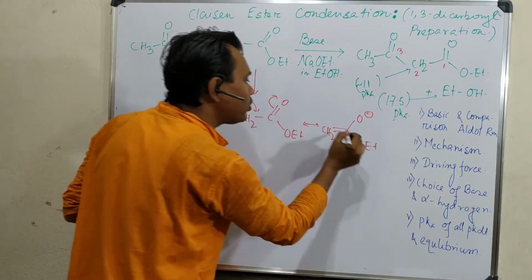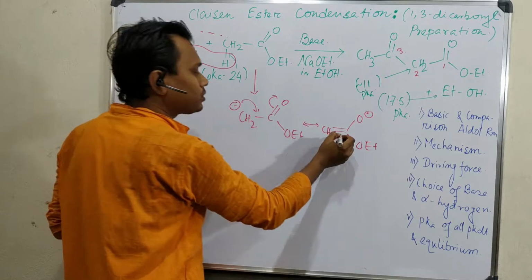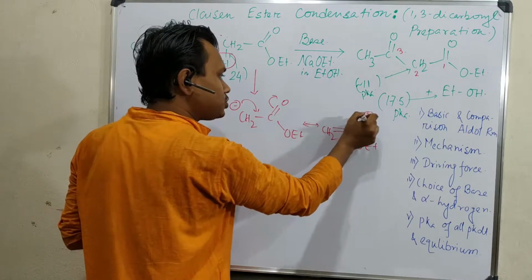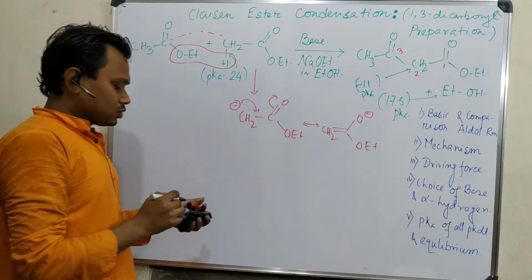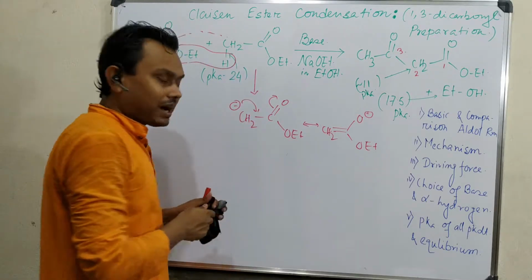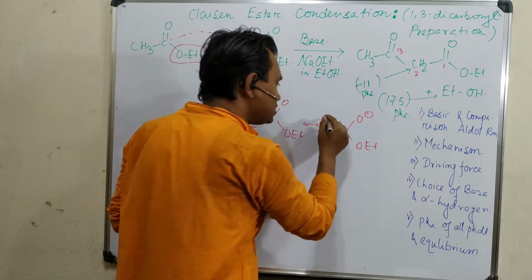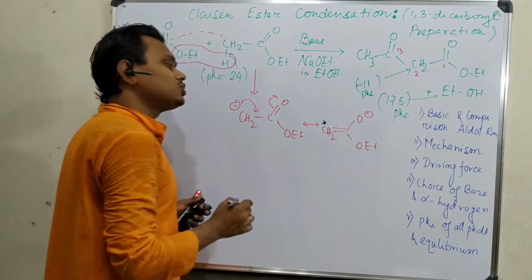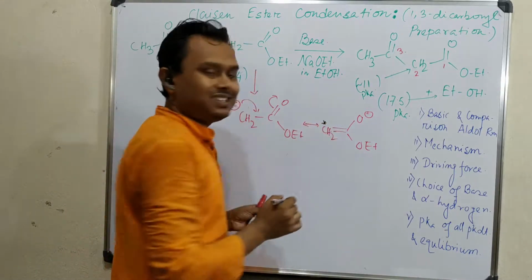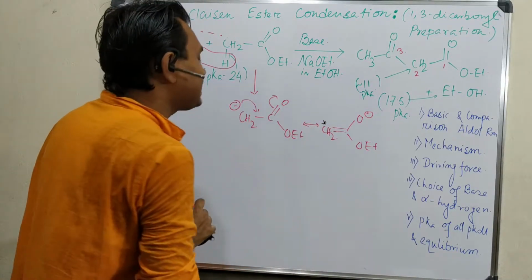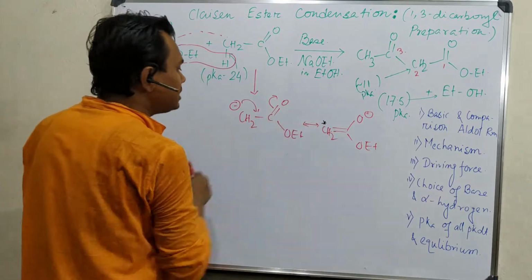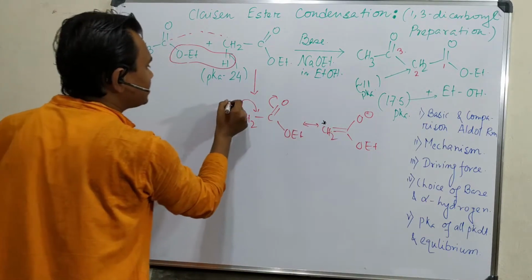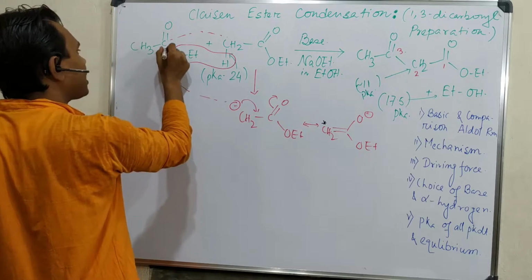Right now this double bond is more nucleophilic compared to this. The charge density is on both carbon and oxygen, so we can consider it ambident, but the reaction happens through this carbon center because it is more nucleophilic, softer in nature, like aldol condensation. So this attacks another ester, this carbon group.